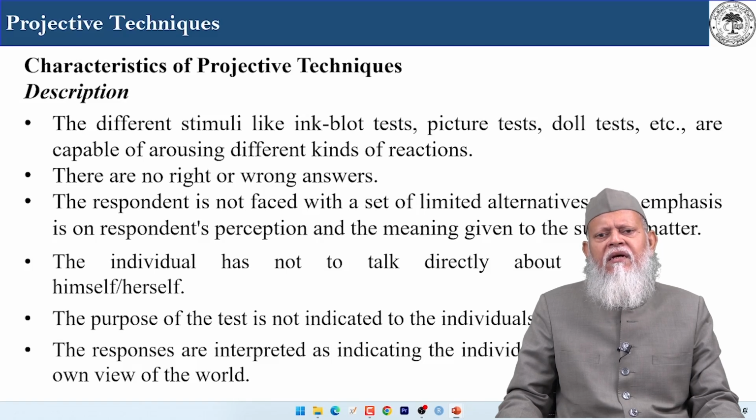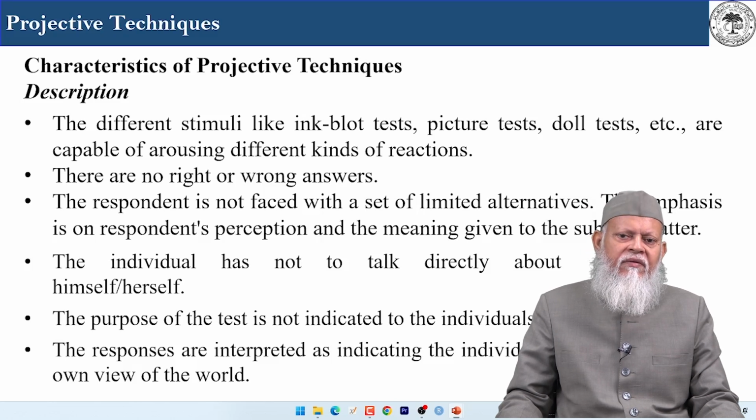Here, there are no right or wrong answers. Answers are not in yes or no or right or wrong, because all the answers are given by him. We cannot assign or attribute them to him. So there are no right or wrong answers. The respondent is also not faced with a set of limited alternatives, like we have in the questionnaire, where there were limited alternatives.